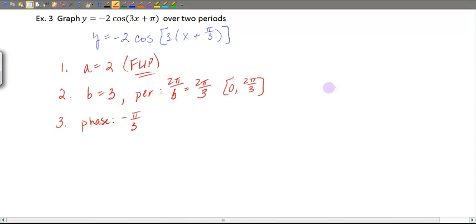So here I'm going to come over and divide up this 0, 2 pi over 3, into my sections. The way that I approach this is I take half. So I'm looking at this interval here. What is half of 2/3? Well, that's 1/3, or pi over 3.